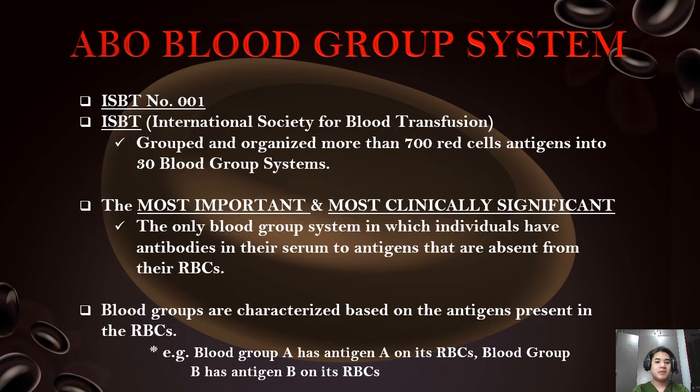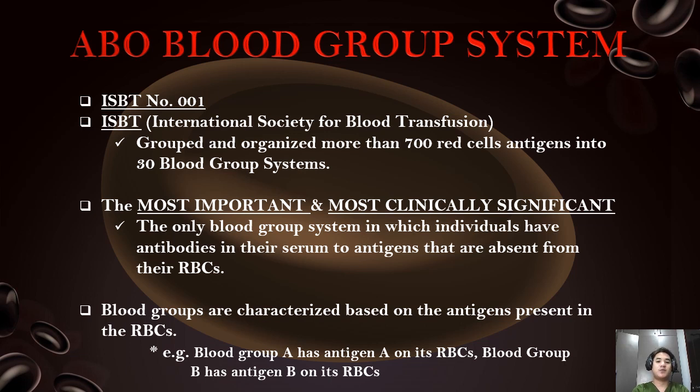In human blood banking, we have multiple blood group systems, which of course includes your ABO blood group system. Your ABO has the ISBT number 001, which is the nomenclature given by the ISBT, or the International Society of Blood Transfusion.